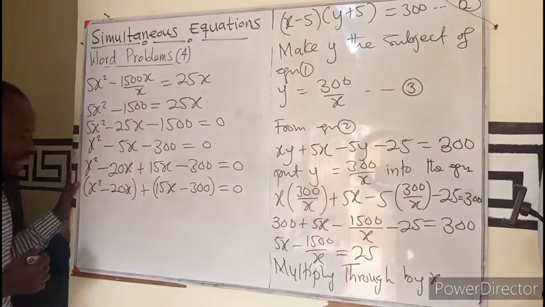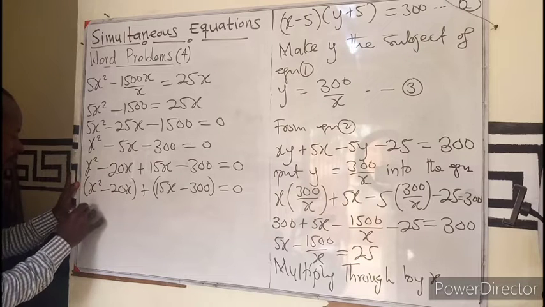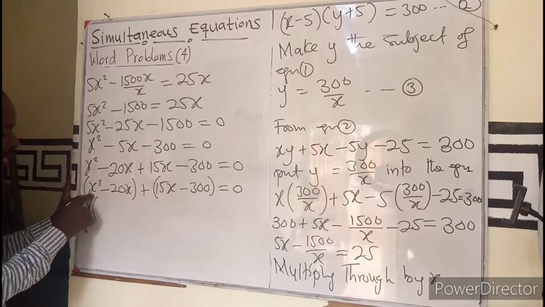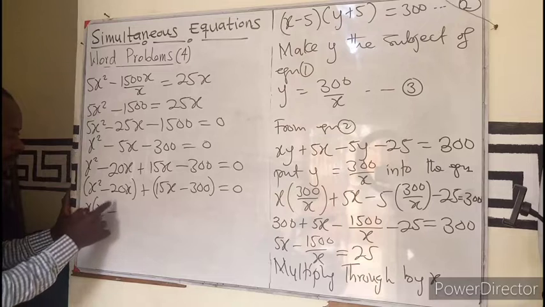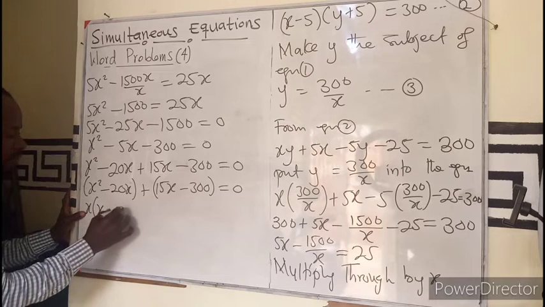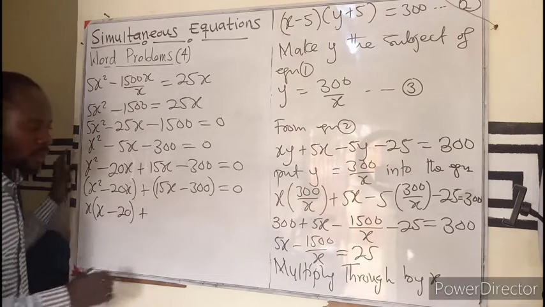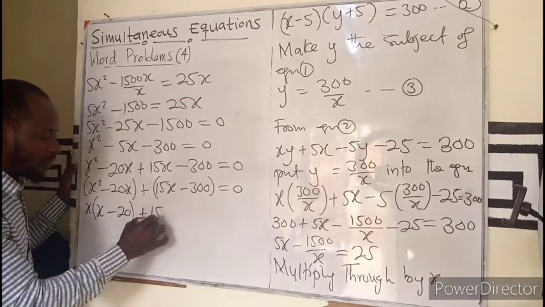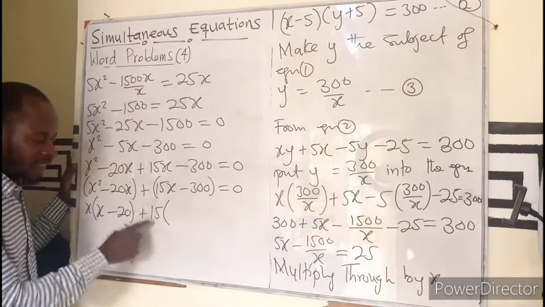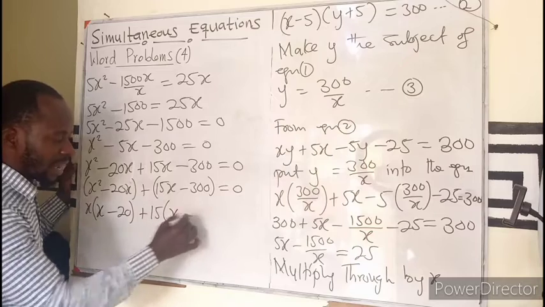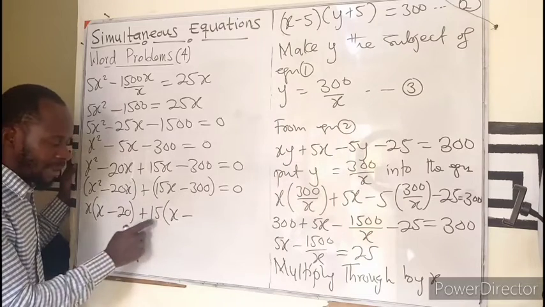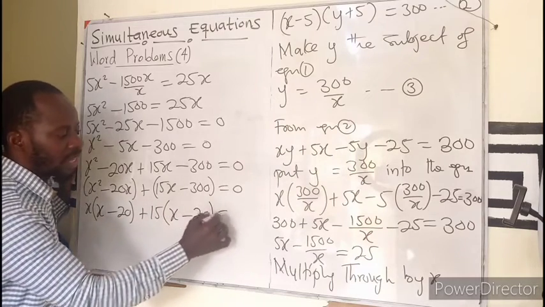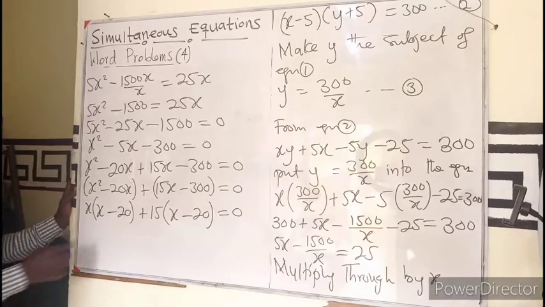Now find the common factors. x, so I take x out. This divided by x will give you x. If you divide this by x, you are left with 20. Common factor, I believe, is 15. 15x divided by 15 will give you x. 300 divided by 15 will give you 20, equals 0.